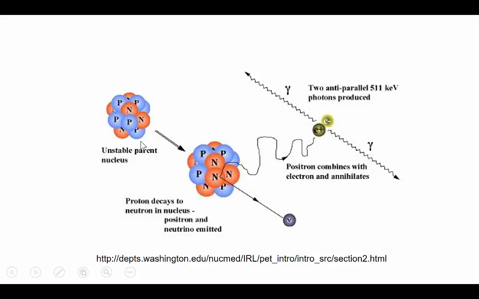Some special radioactive nuclei can generate a positron. The positron diffuses out to the environment, and when it meets an electron, they annihilate, meaning disappear, and generate two photons of gamma ray, and these two photons fly in 180-degree opposite directions.